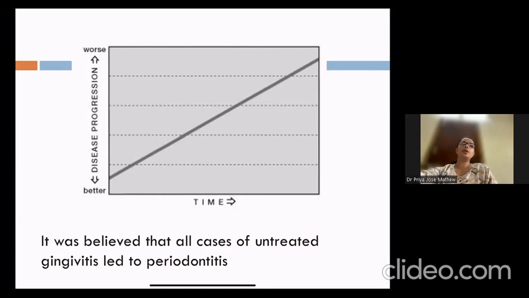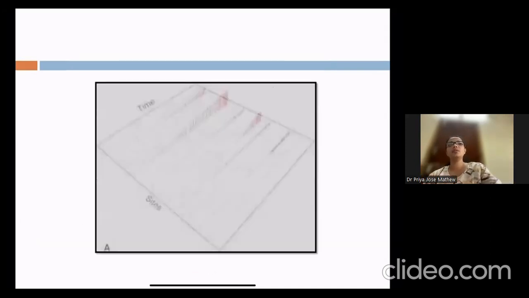According to this model, it was believed that all cases of untreated gingivitis will lead to periodontitis. But we know very well that this is not the situation. There are cases that persist as gingivitis even with age. All cases may not progress to periodontitis. So this model has this limitation.